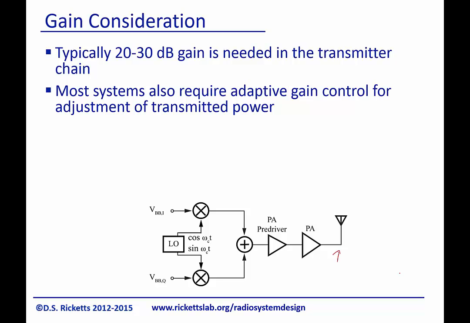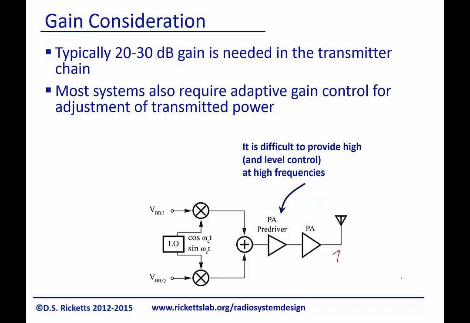This is not only to level the signals in a transmitter or receiver, but also so that we can boost the power or the amplitude of the signal. So one thing we'll find a lot, particularly in receivers, is an adaptive gain to adjust the signal level. And for the transmitter, we're going to need adaptive gain to adjust for the transmitted power.